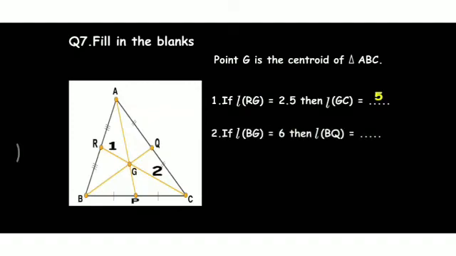Now we will see the next. If length of BG is 6, find the length of BQ. Here the length of BG is given as 6 and they have told us to find the length of the whole median. So as BG is 6, first we will find GQ, so that when we add the length of both of these, we will get the length of BQ.